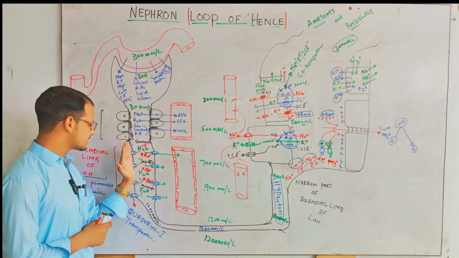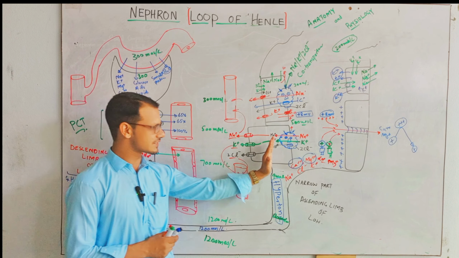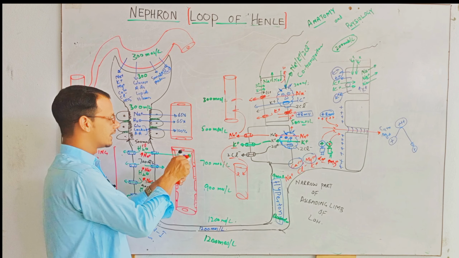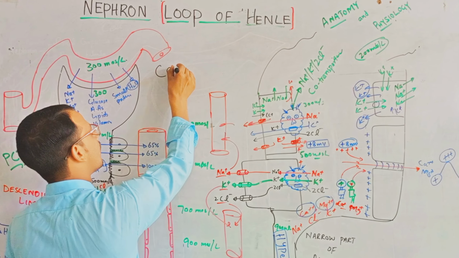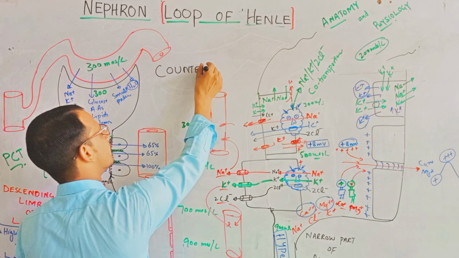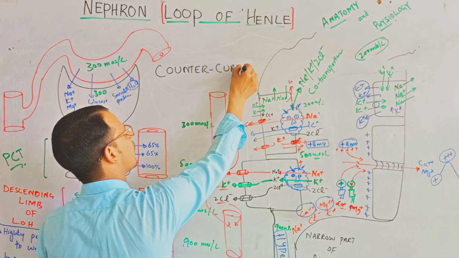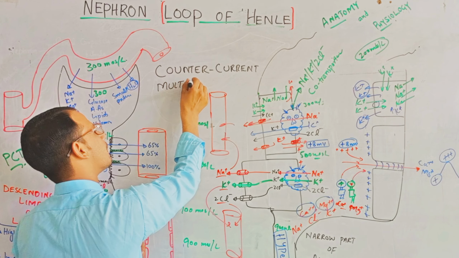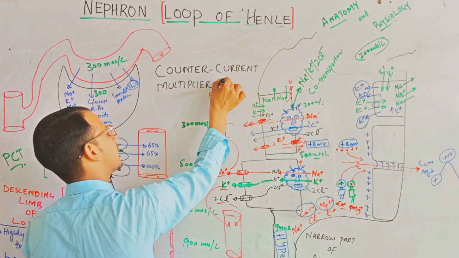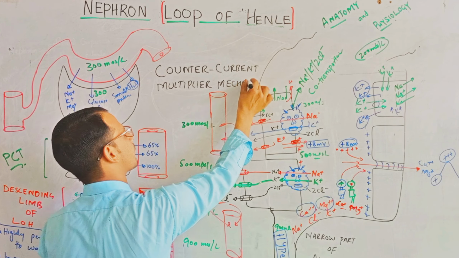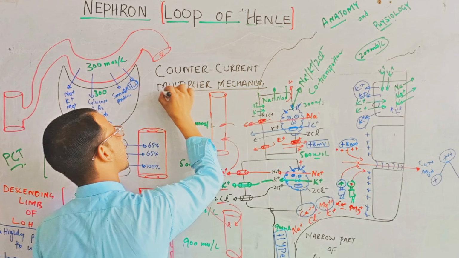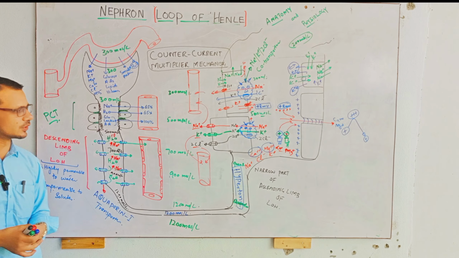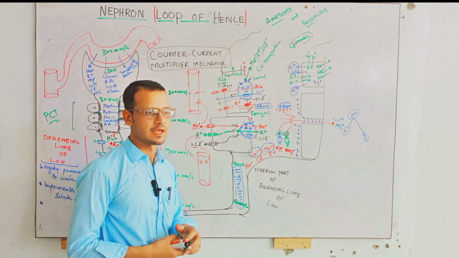Or from one side this is impermeable to solutes, and from the other side it is impermeable to water. This mechanism is called the countercurrent multiplier mechanism, and this is the story of the loop of Henle.